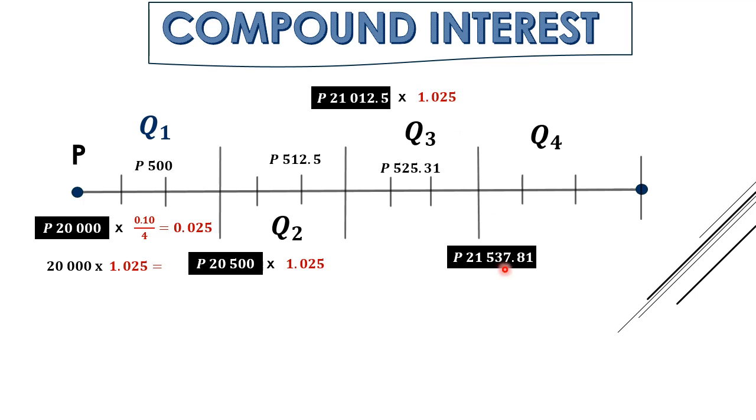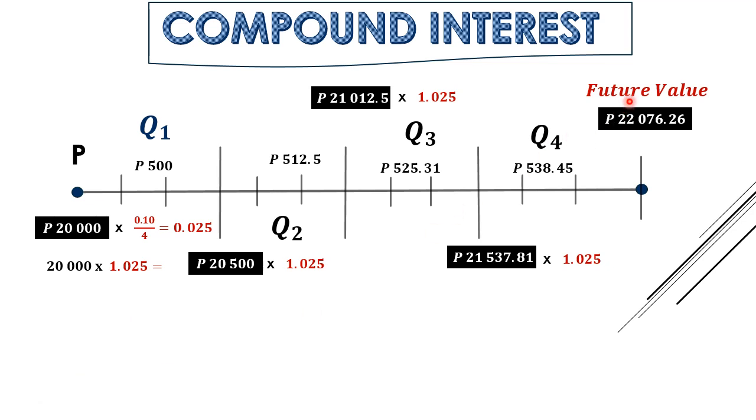Next, this is a new principal, and we multiply it with 1.025, which gives us 22,076.26, wherein the interest we earned for the fourth quarter is 538.45.